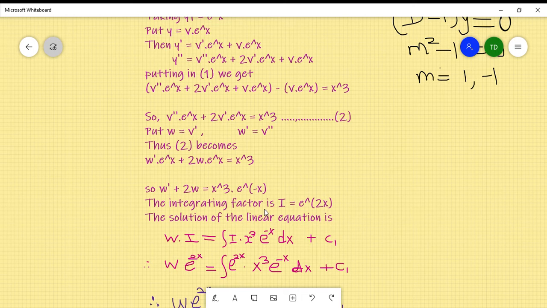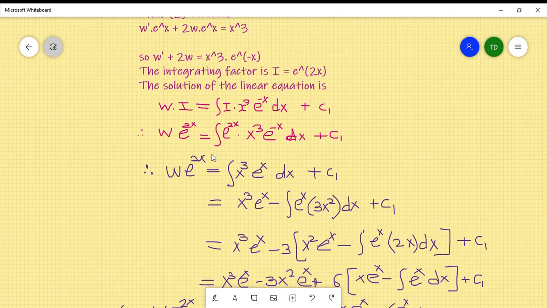So we find the integrating factor. The integrating factor is e raised to the integration of the coefficient of w, that is 2, with respect to x. The integration becomes 2x, so the integrating factor is e^(2x). The solution of this linear differential equation becomes w times the integrating factor equal to the integration of the integrating factor times the right hand function with respect to x, plus a constant of integration.